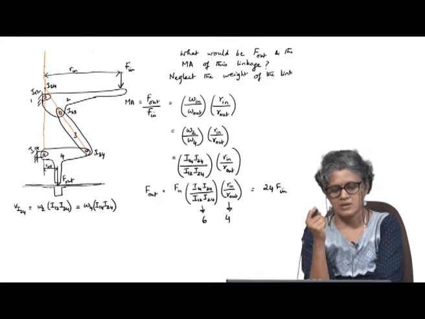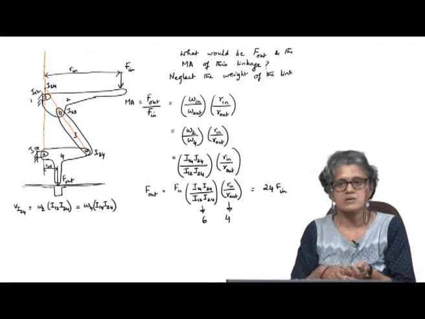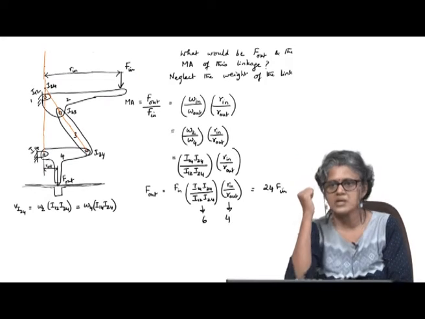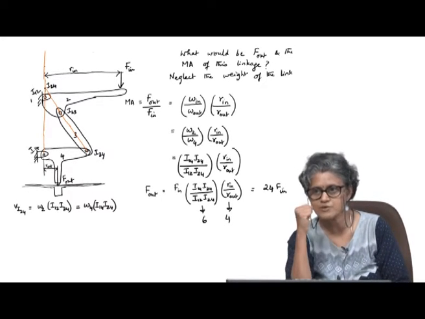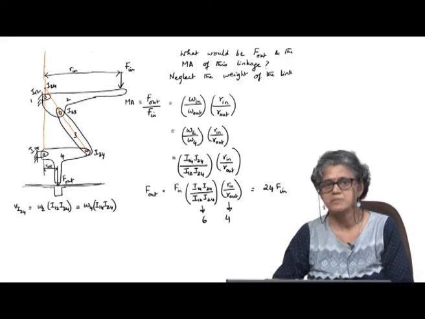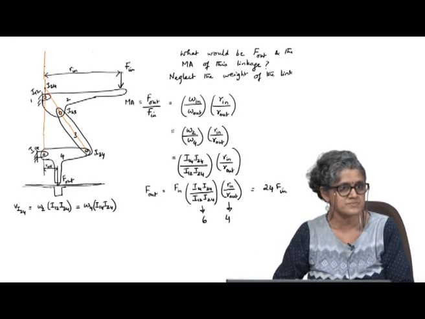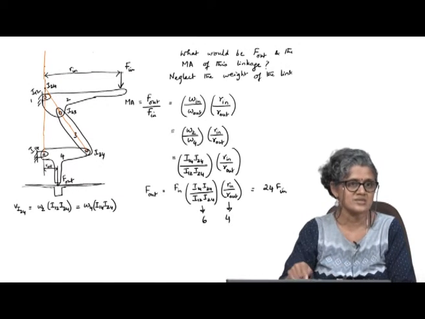Typically an operator may be able to apply somewhere between 5 to 10 kgs, up to 100 Newton. That can be multiplied 24 times using this linkage.